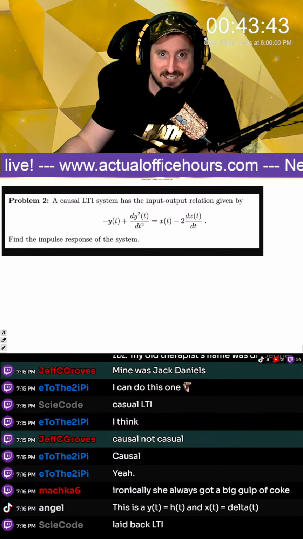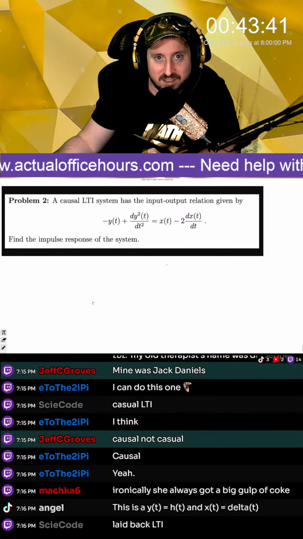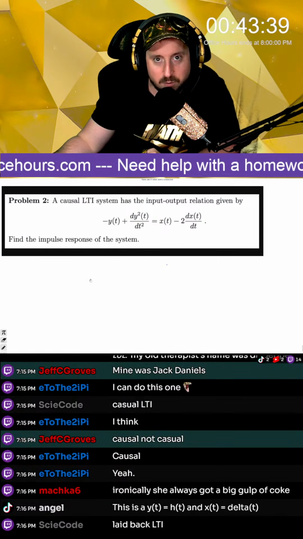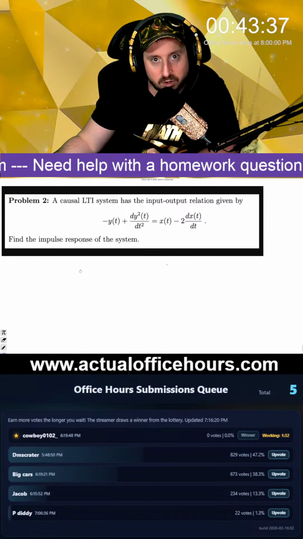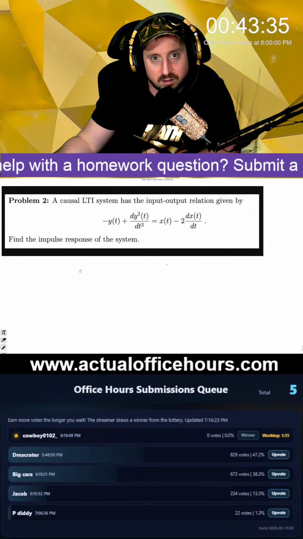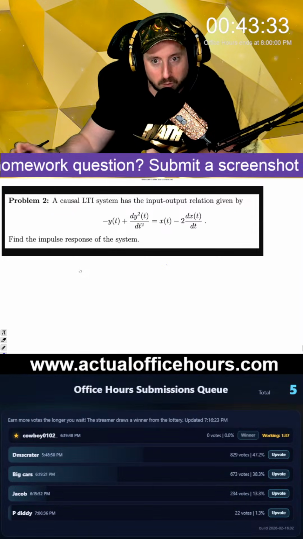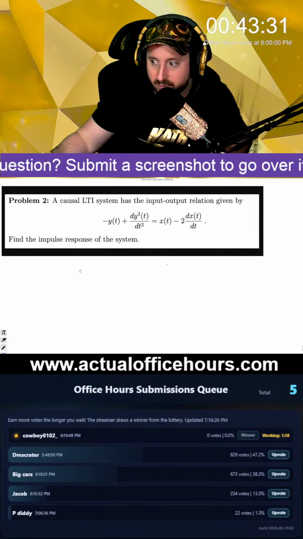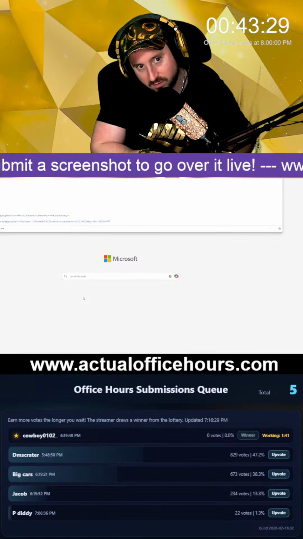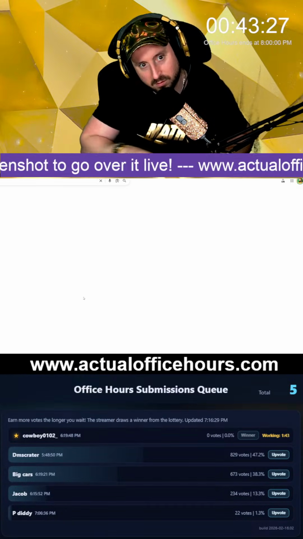Causal LTI. This is y of t equals h of t when x of t equals delta t. What is the goal mathematically? Well, maybe let me Google what an LTI system is.